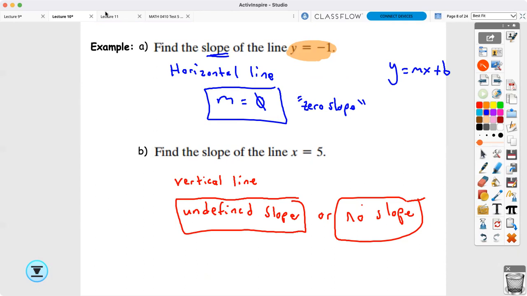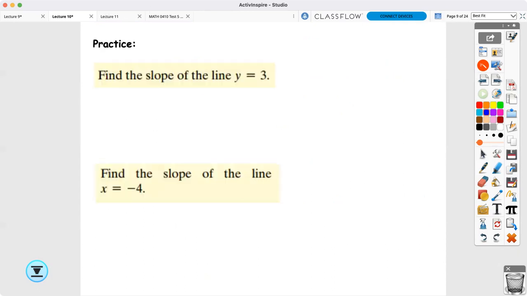Thank you. All right, here are some examples. I'm going to give you guys about 1 minute, or 2 minutes, on these example problems so you can write them down as well. 2 minutes, good luck.